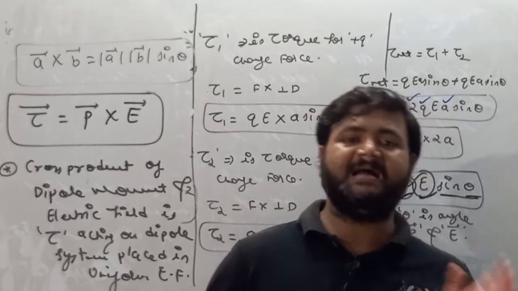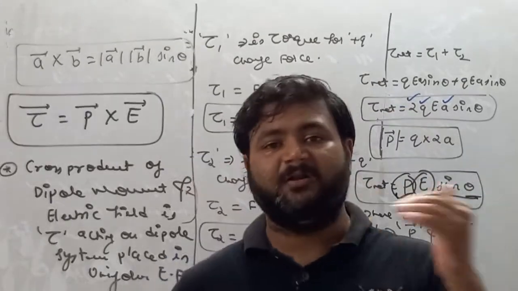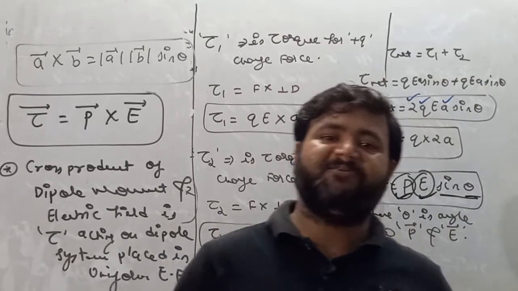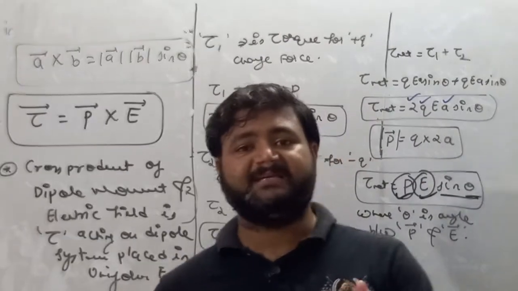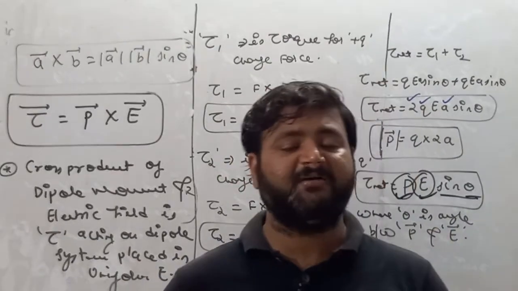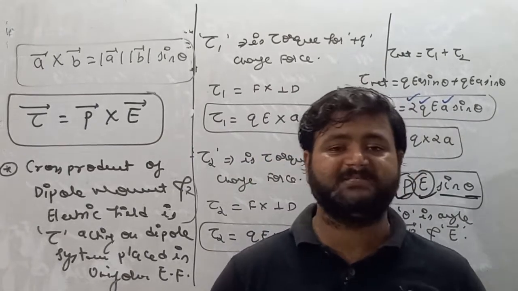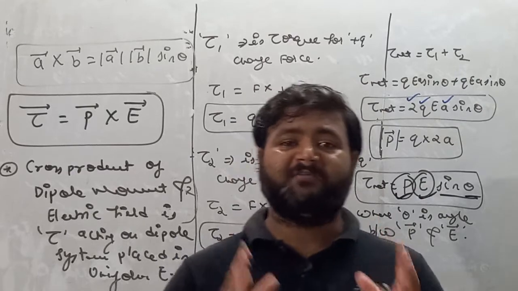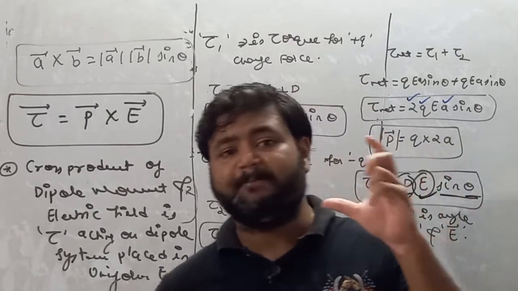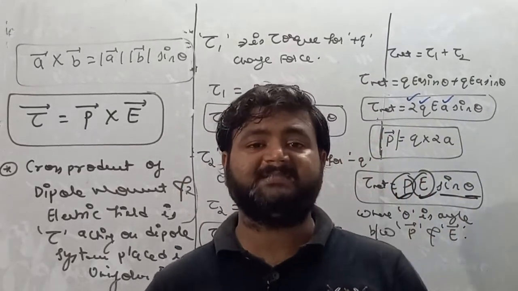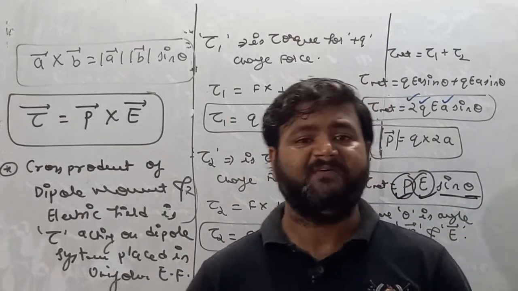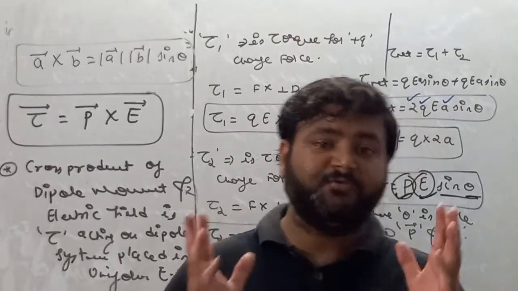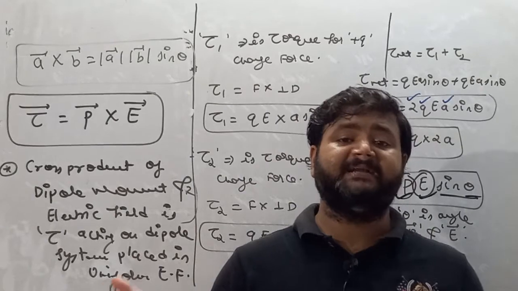For positive charge, the direction of force is along the direction of electric field, and for negative charge, the direction of electric force is opposite to direction of electric field. Remember, for finding torque, you have to find the perpendicular distance from axis of rotation to line of action. If you are capable to find the perpendicular distance, then it is very easy.